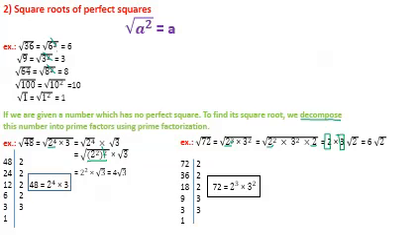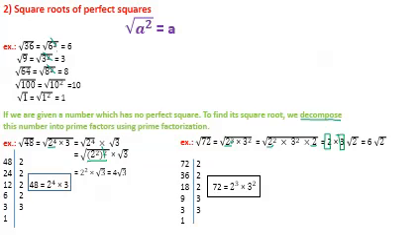When you decompose 72, it's 2 to the power 3 times 3 squared. 2 to the power 3 is not going to work out in this way because it's not a perfect square of something. So I'm going to split 2 to the power 3 into 2 squared times 2. So I split the odd exponent into a perfect square times the remaining factor.